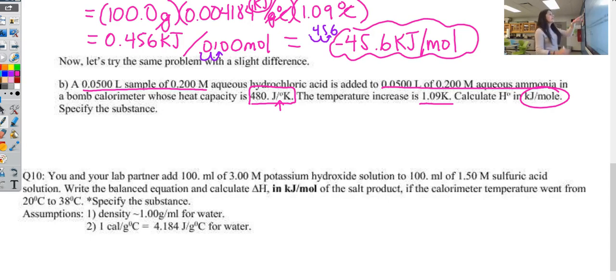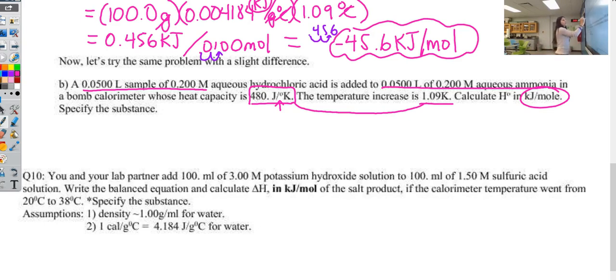So it would normally be joules per gram degree Celsius or joules per gram Kelvin, but in this case, the gram part is gone. We don't need it. If you want to know the energy in joules, all we need to do is multiply these two, then my Kelvin cancels out and I'm left with joules. That's all I need. So why did they give us all the other information? I'll show you why in just a second.